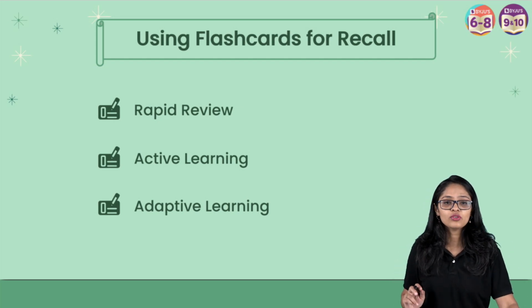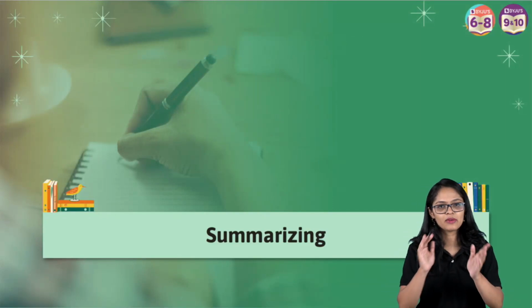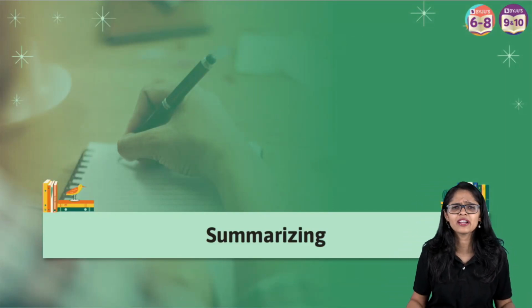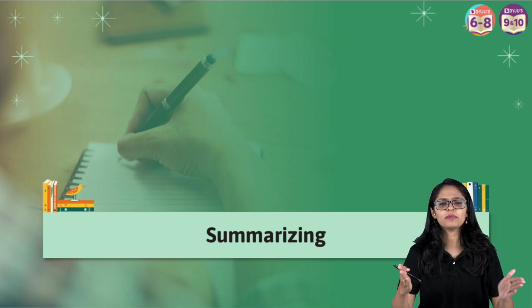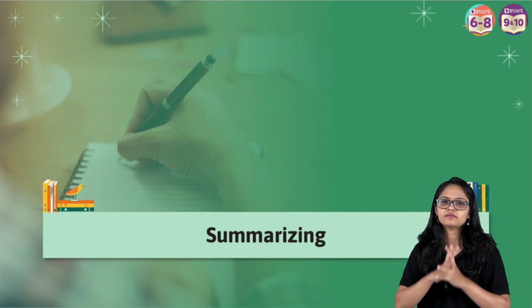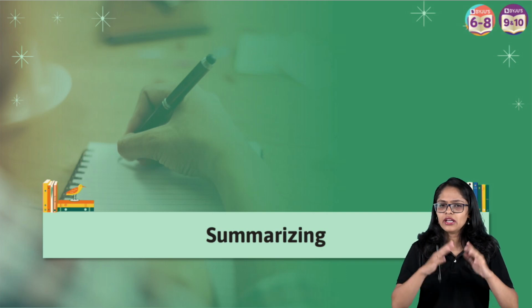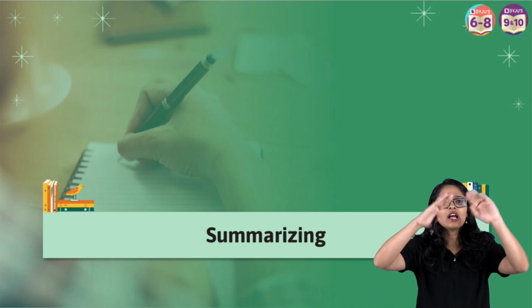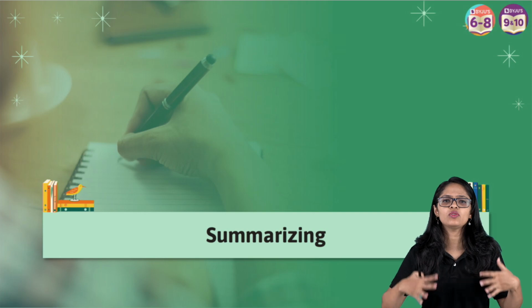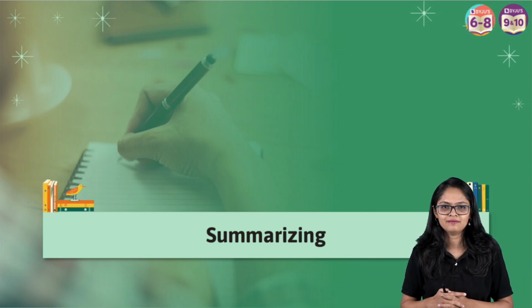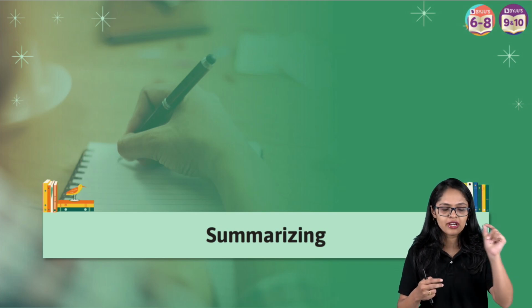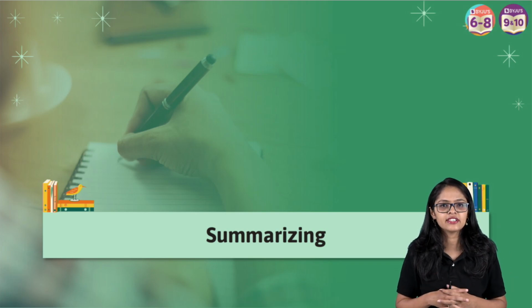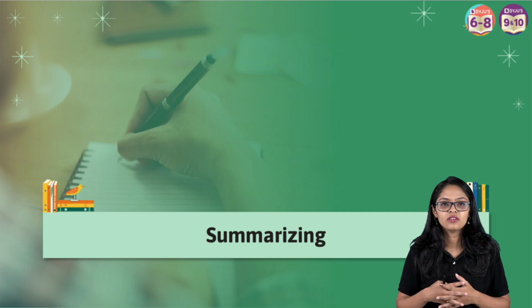Okay, let's go to the third method, that is summarizing. What is summarizing? There's a chapter, combustion and flame. In that, there's one whole page written about combustion. Will you remember each and every word written in the textbook on that page?